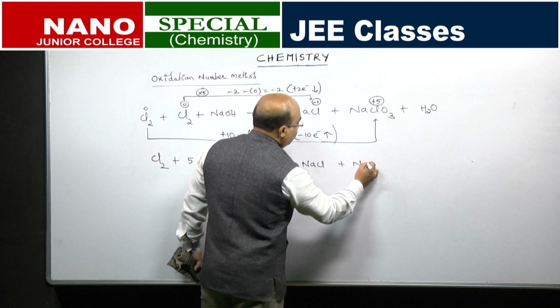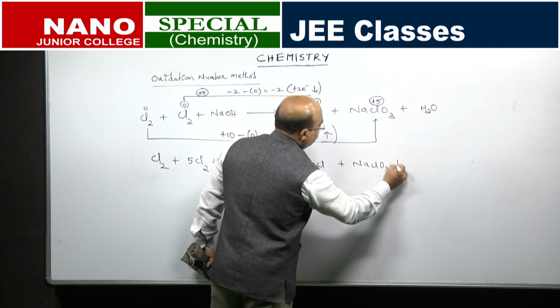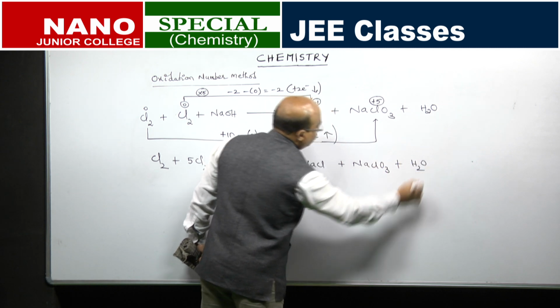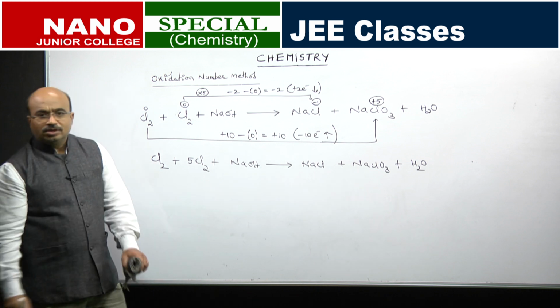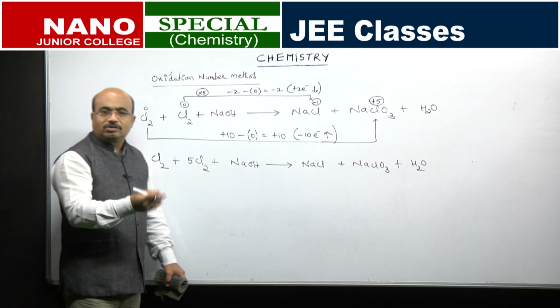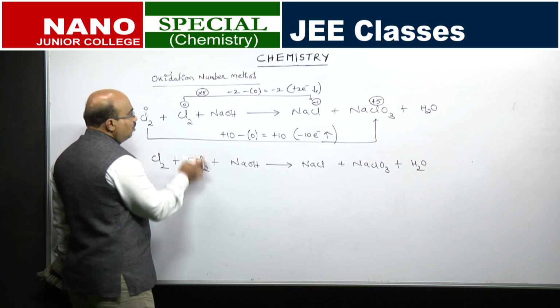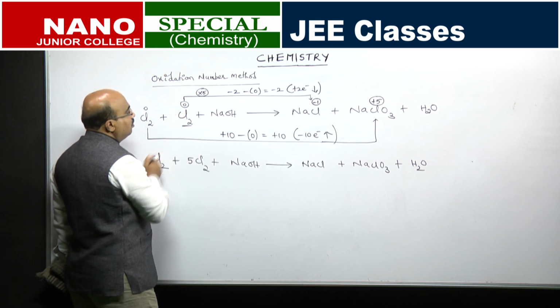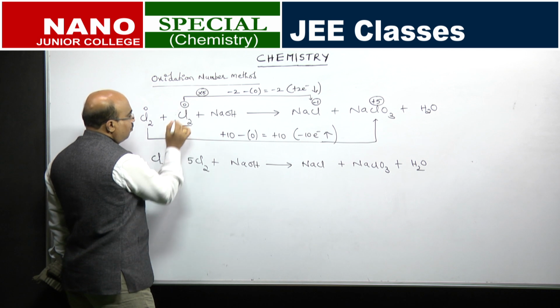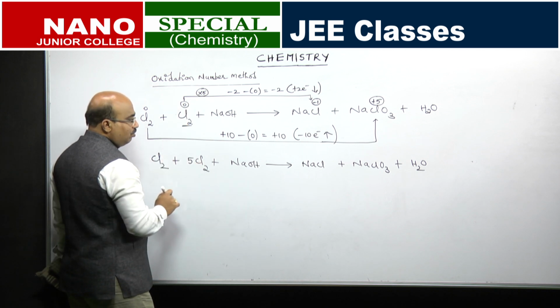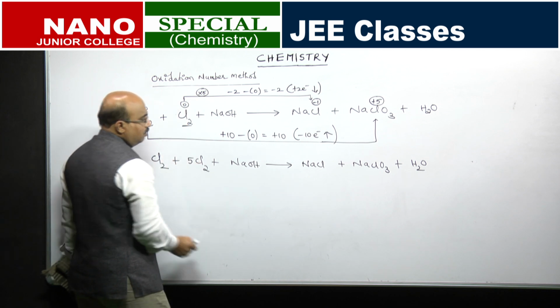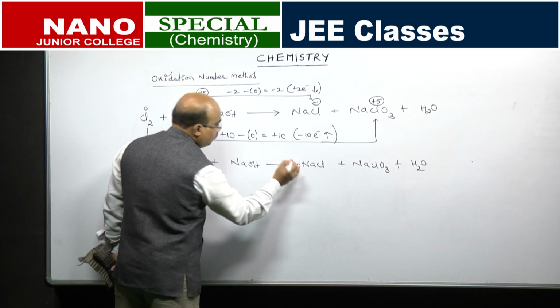These coefficients we can now give based on the left hand coefficients which we fixed, the chlorines which are changing and the chlorines which are not oxidizing, which are reducing. So, how many chlorines were reducing? These chlorines were reducing. How many are there? 5 into Cl2, 5 into 2, 10. So, these two should be 10.